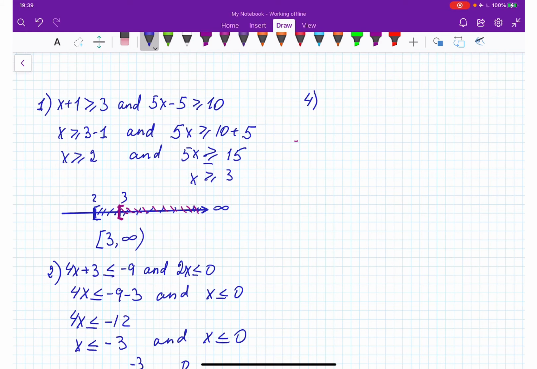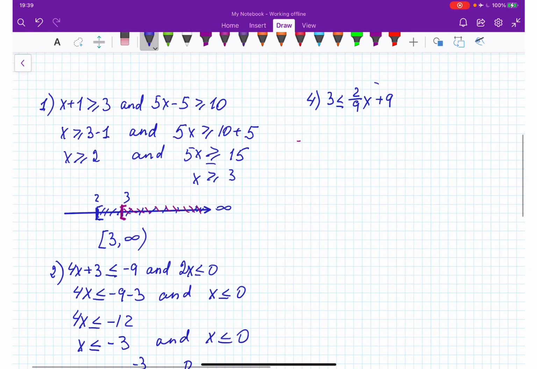Okay. 3 less or equal 2 over 9x plus 9 and less or equal 12. Okay, so when we are solving something like this, what do we do?